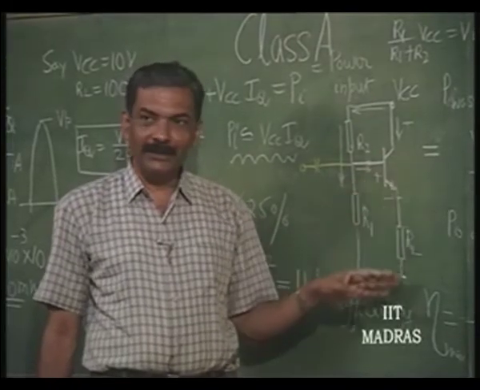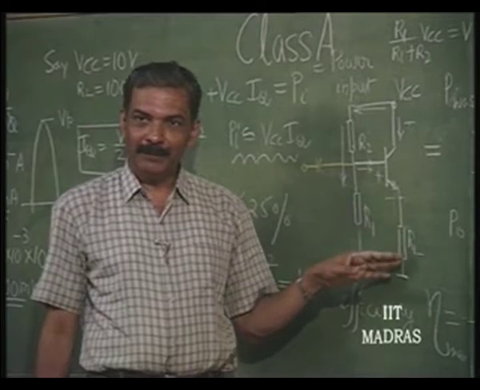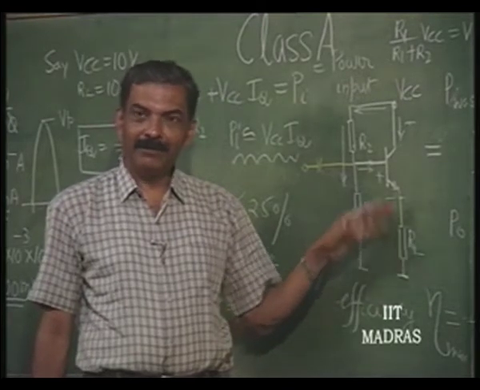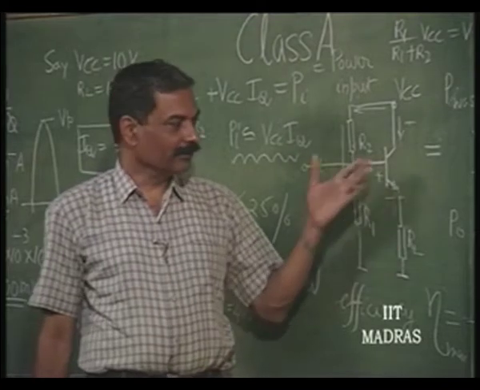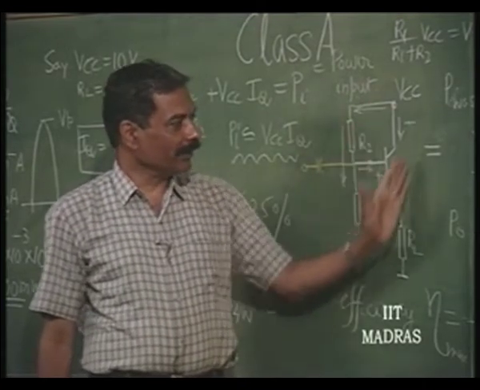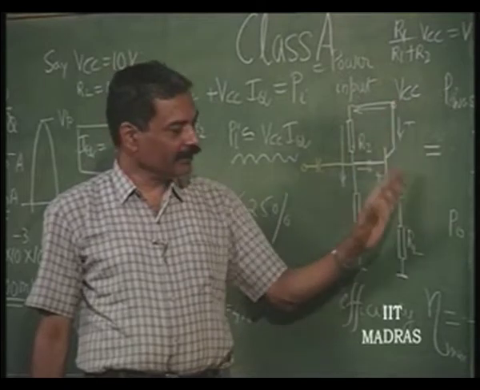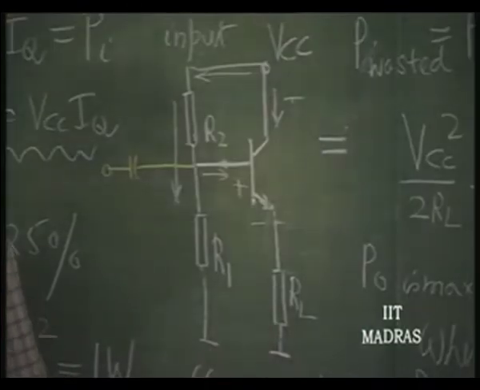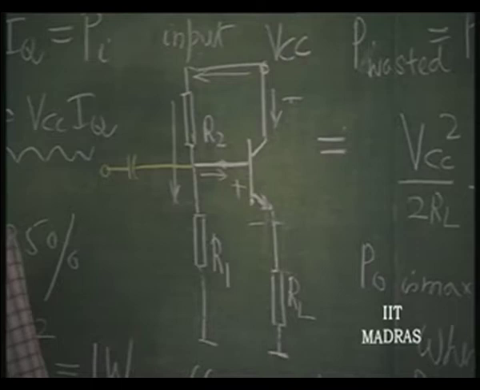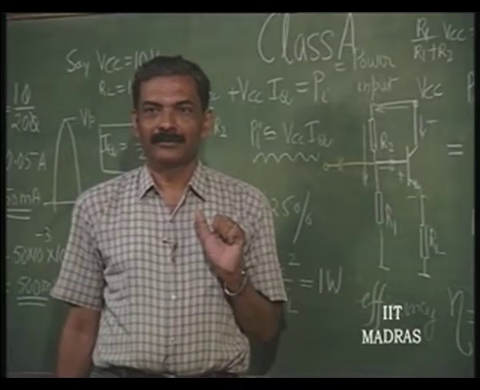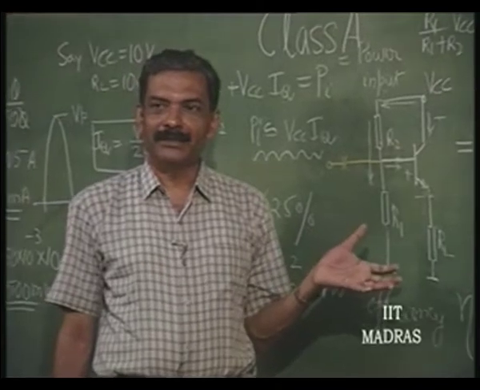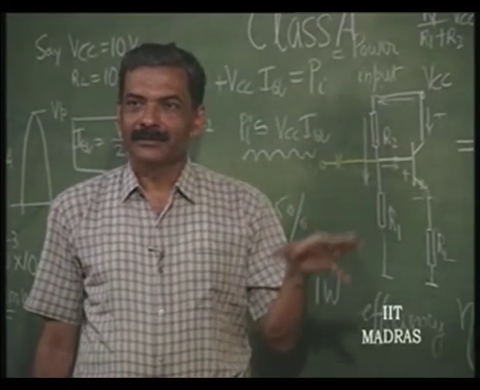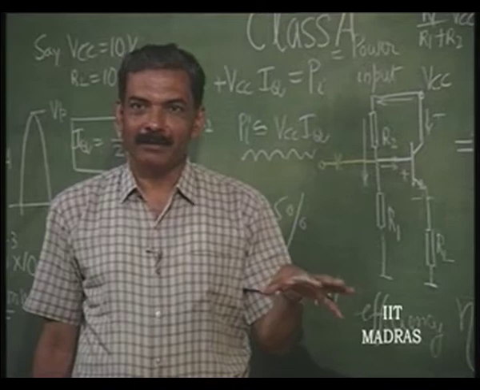There will be some amount of DC power continuing to be dissipated even when the AC is there. So, this particular transistor and this resistor, both of these things are dissipating maximum amount of power when the signal is not there. When the signal is there, some amount of that power is getting converted into signal power, useful power, AC power.